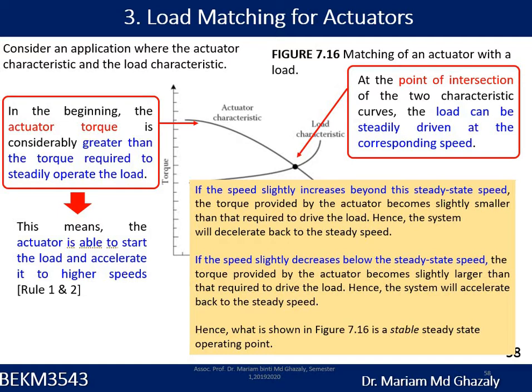Then the system will decelerate back to the steady state speed. If the speed slightly decreases below the steady state speed, the torque provided by the actuator becomes slightly larger, so it will accelerate the system back to the steady state speed. This is why it is important to have actuator characteristics with a larger initial torque in comparison to the load torque speed characteristics.